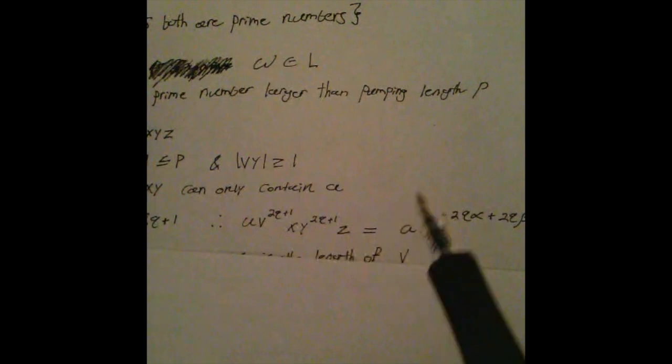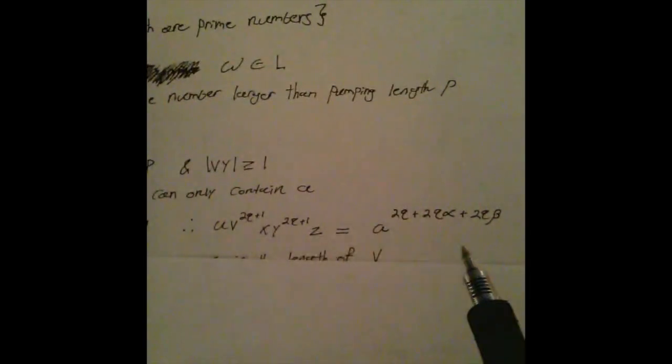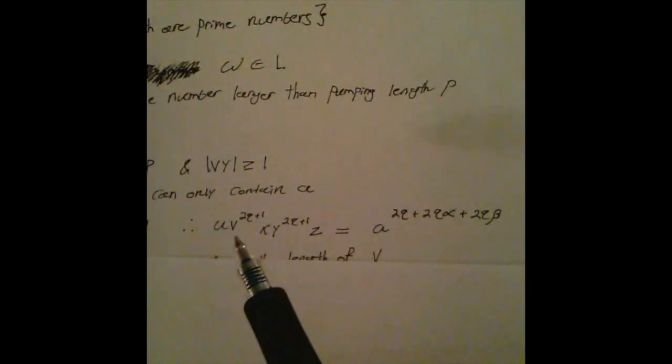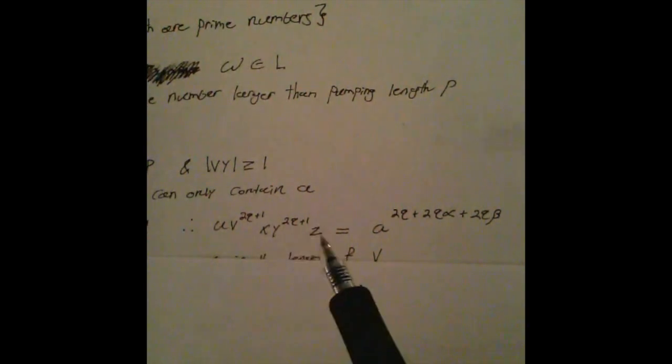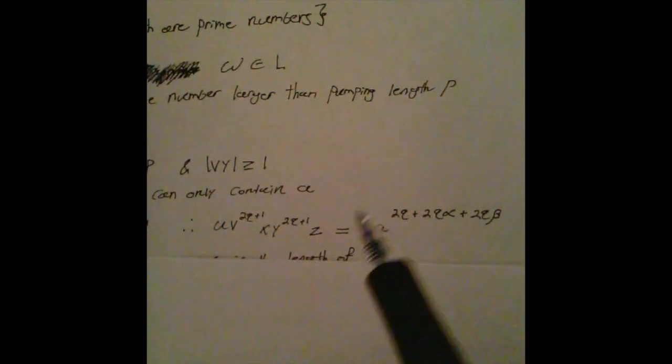So why we can write this in this form is because we have u, 1 v, x, 1 y, z, so we have 2q a's.